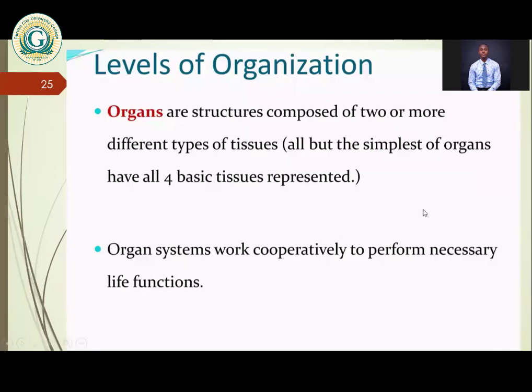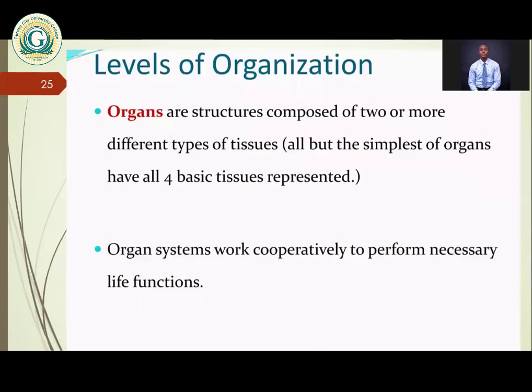All right. So with the organs, we are saying the organs are made of tissues. You have any of these 4 types of tissues coming together to form an organ. And we can have a lot of organs coming together to perform a necessary life function.